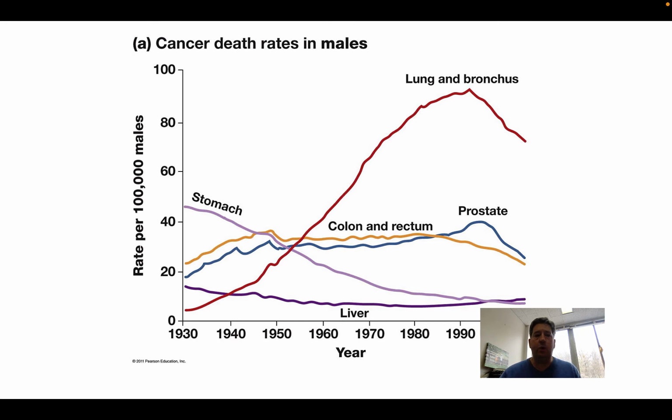But this is one, if you see at its peak, about 90 out of 100,000 people, men, died of lung cancer. So about 1 out of 1,000 people, men, died of lung cancer.